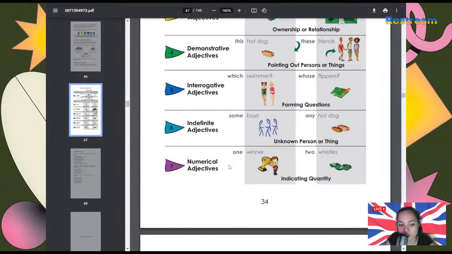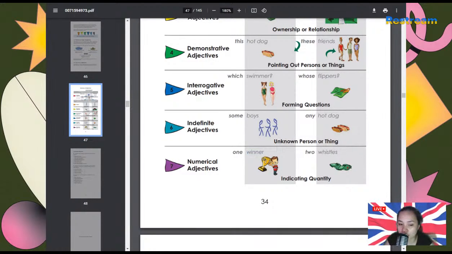For the next and last one, we have the numerical adjectives. Remember that we are using numbers here to indicate the quantity, or how many the noun is. For example, we have one and winner, so winner is our noun. One winner: we are describing the winner as only one.